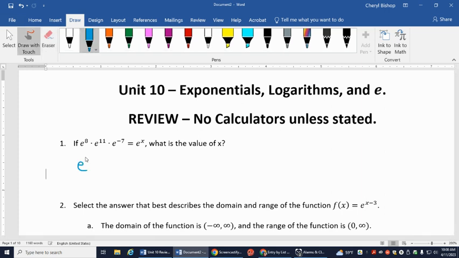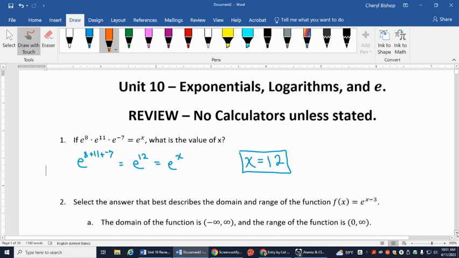Think of it as x to the 8, which means you're going to be adding your exponents. That's going to give me e to the 12th is what e to the x equals. So that means x must be 12.